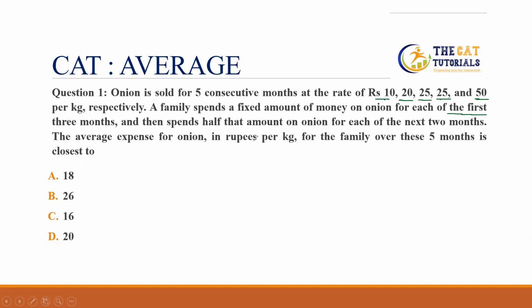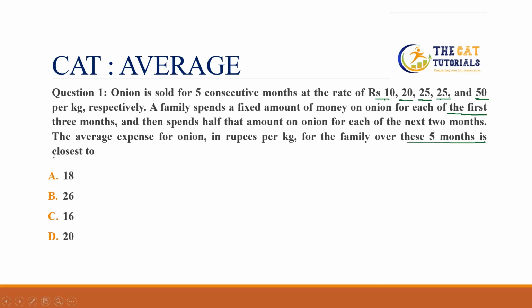Then it spends half the amount on onion for each of the next 2 months. The average expense for onion in rupees per kg for the family over these 5 months is closest to. So all of you have to find the average expense for onion in rupees per kg for the family over these 5 months.